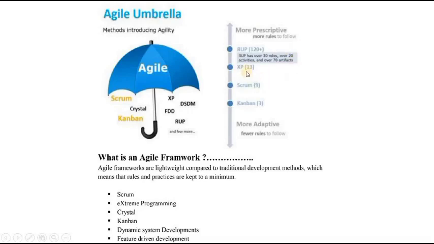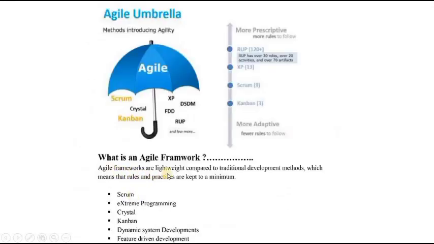You can see RUP. RUP has more rules than XP, and XP has more rules than Scrum and fewer rules than RUP. Kanban has the fewest rules, fewer than Scrum.